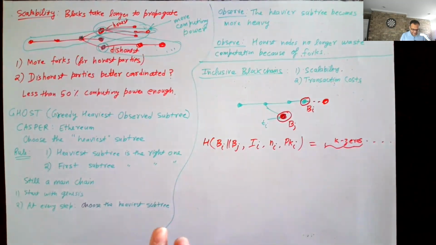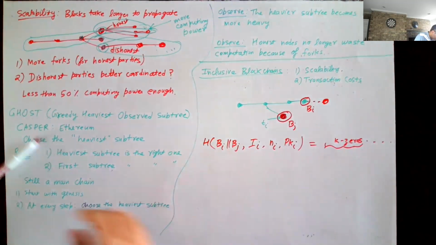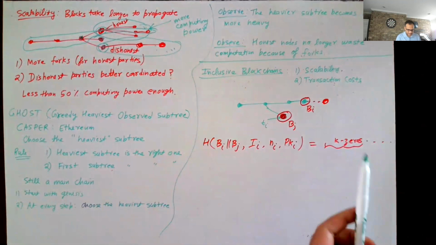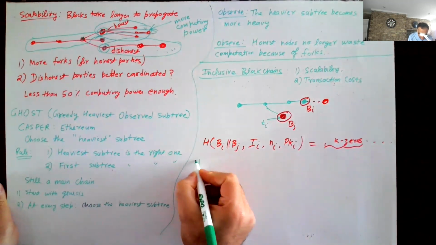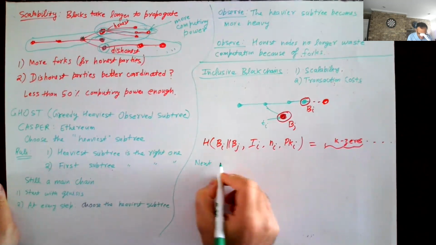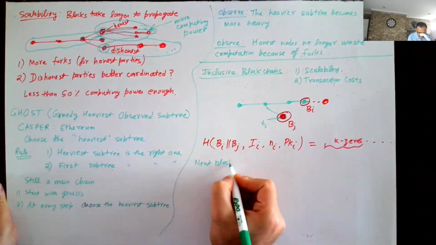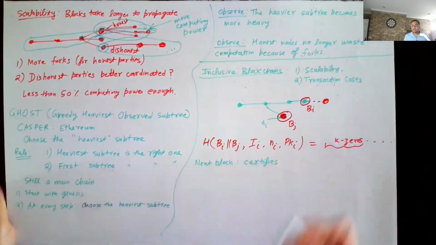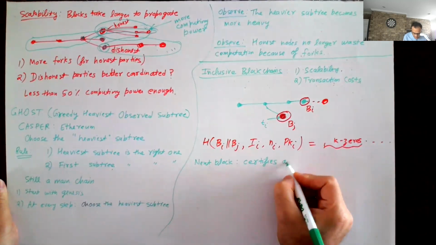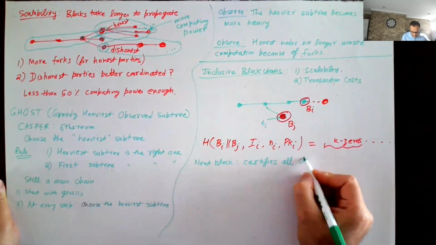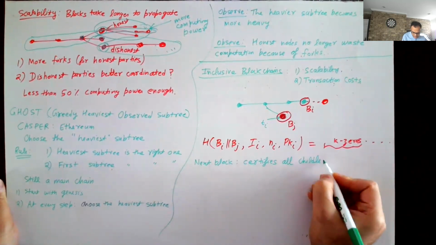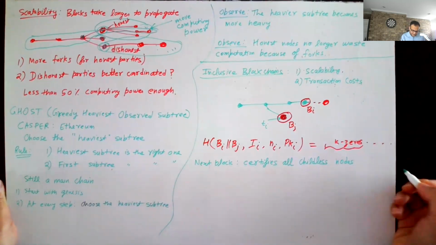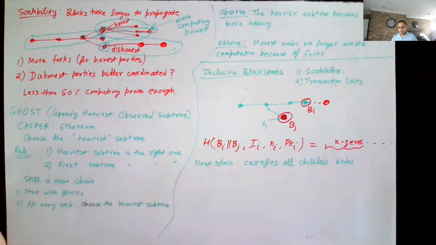So the rule here is that the next block on the main chain certifies all childless nodes which have not been certified so far.